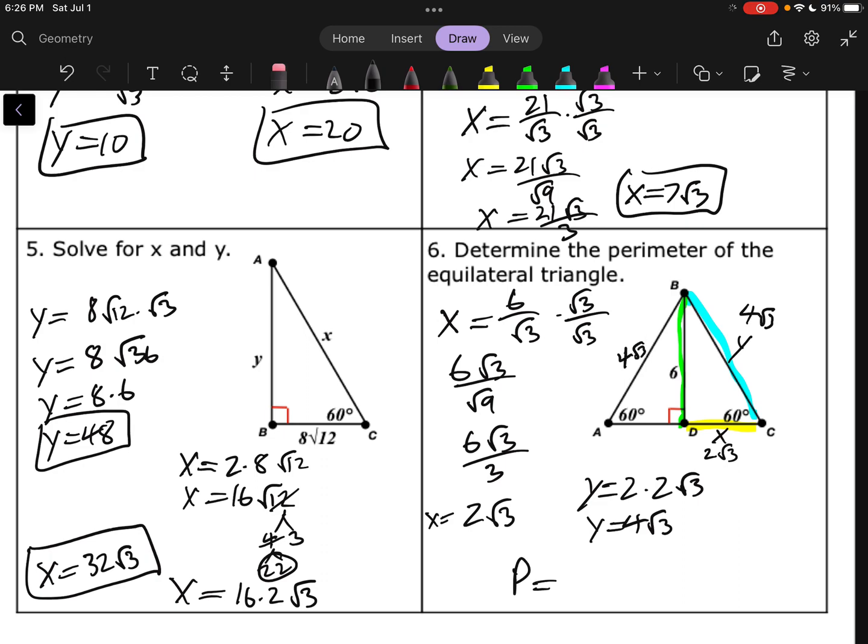So the perimeter should be 4 root 3 plus 4 root 3 plus 4 root 3, which is 12 root 3. That should have been the perimeter there. All right, hopefully those went well for y'all, and that is going to conclude our video.